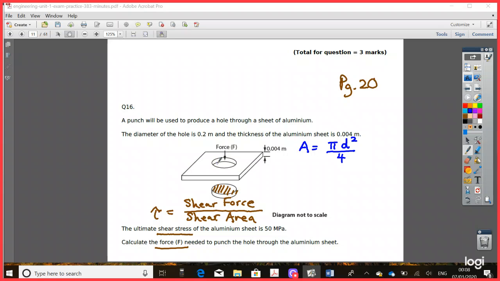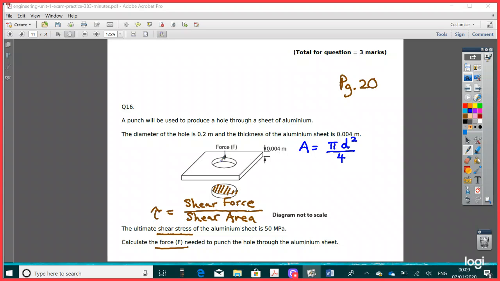The shear area is the area inside the material parallel to the applied load.